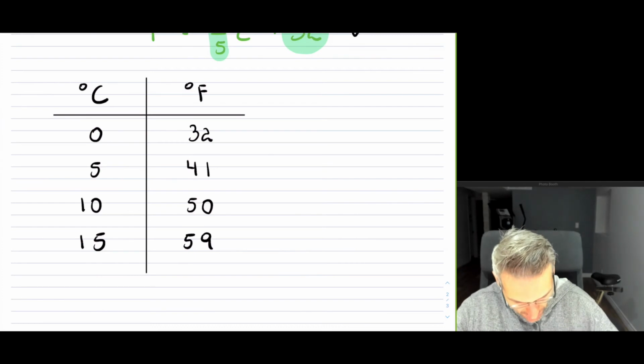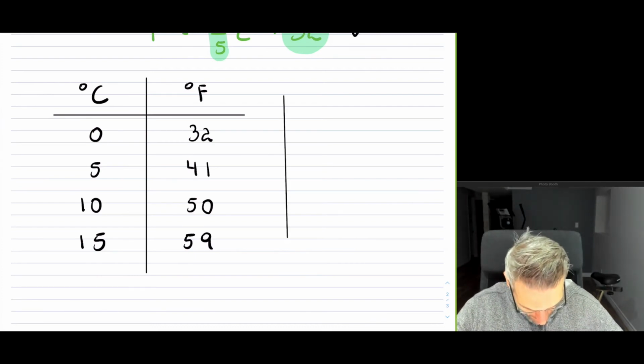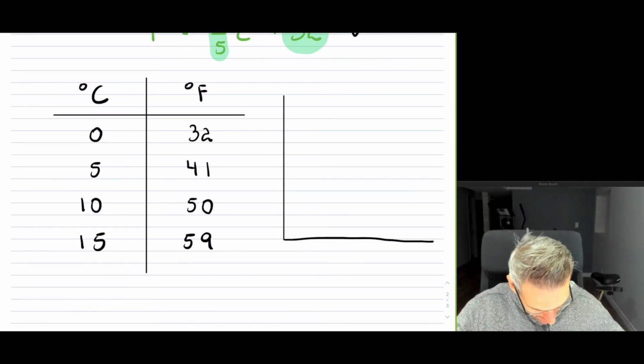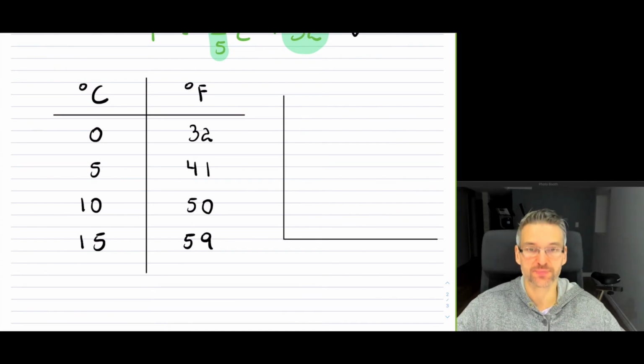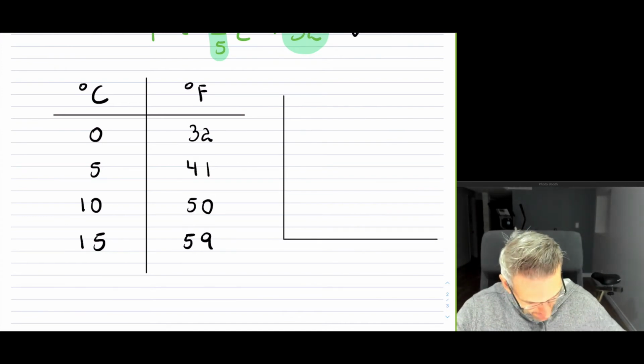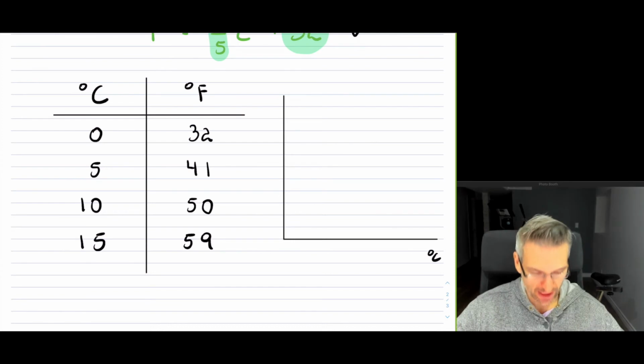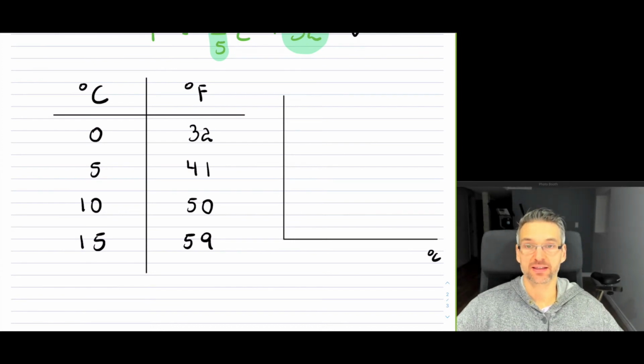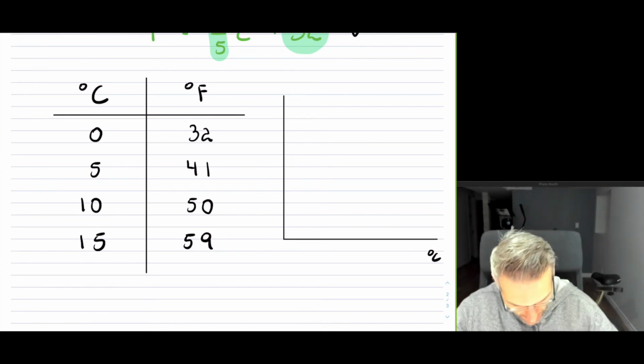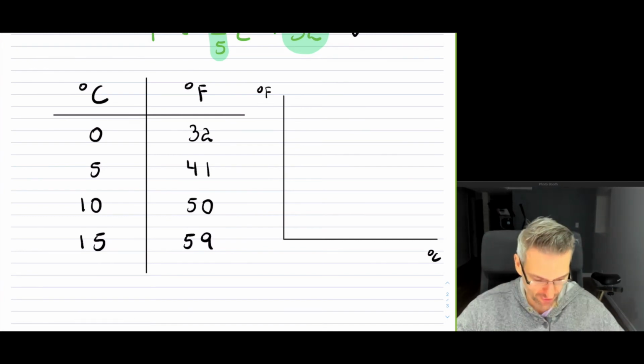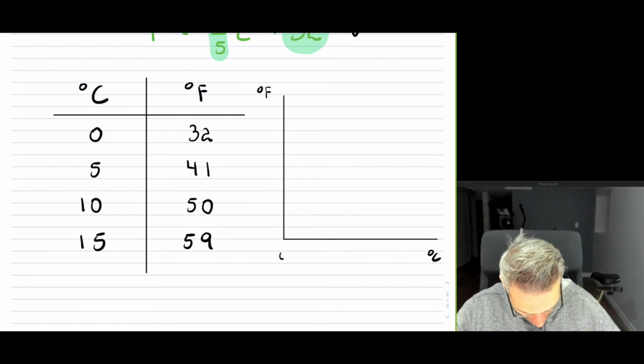So in this case, if I was graphing this out, my degrees Celsius is the independent variable, and degrees Fahrenheit would be my dependent variable, and I did it in increments of 5.